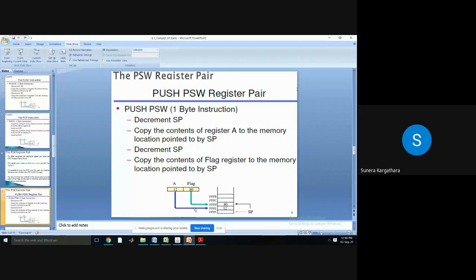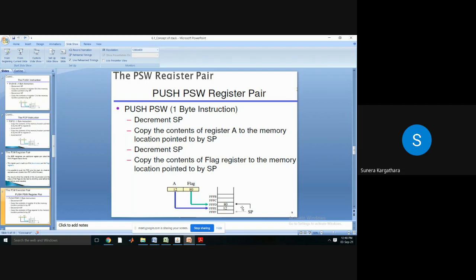Right? I did push PSW, which means my accumulator and flag data went onto the memory. Now, by using the pop instruction, I can retrieve that data into any register pair, B, C, D, E, H, L. So with this push PSW, I have a provision to take the data of flag onto the memory as well as a register.